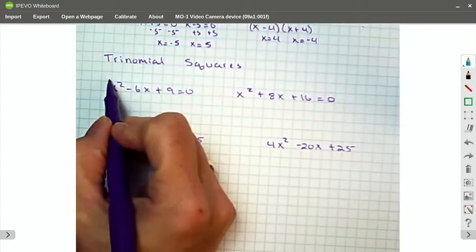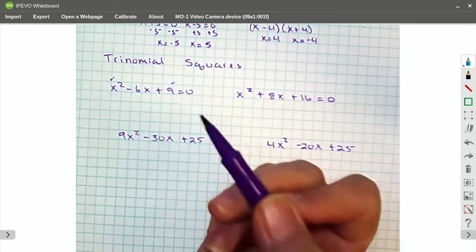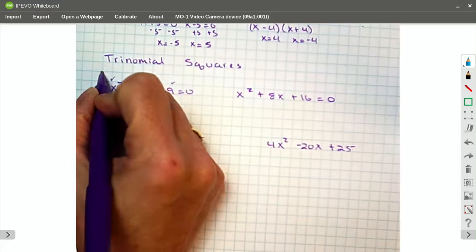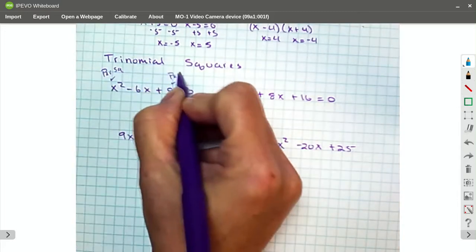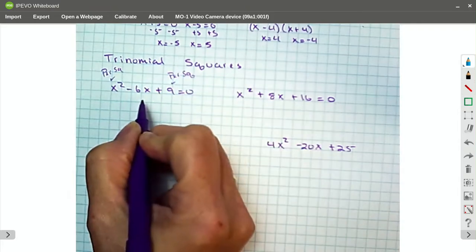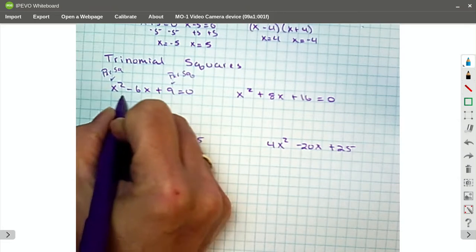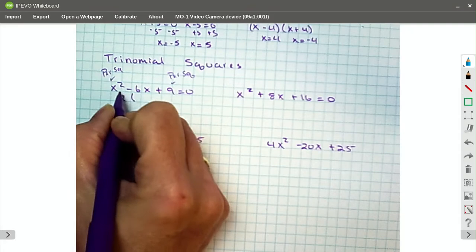First of all, you're looking: are my first and last terms perfect squares? They have to be perfect squares. All right, this center term has to be 2 times the product of the square roots.